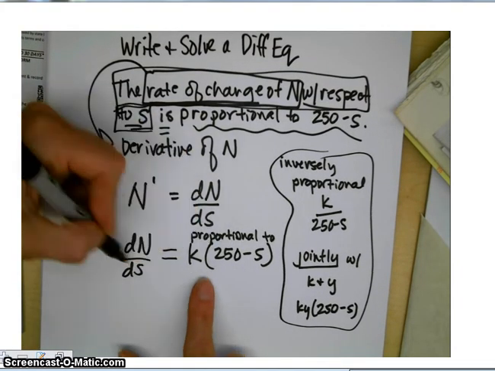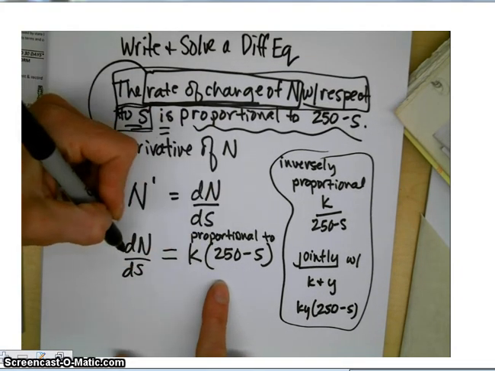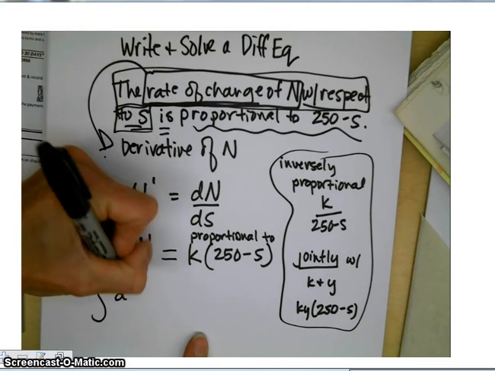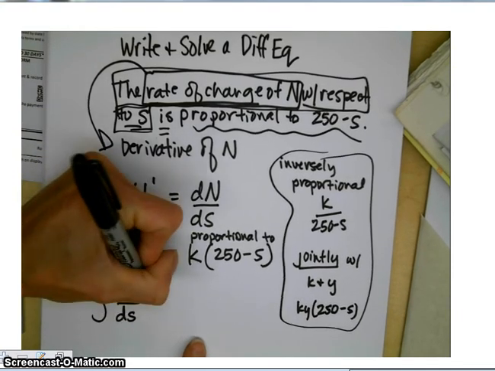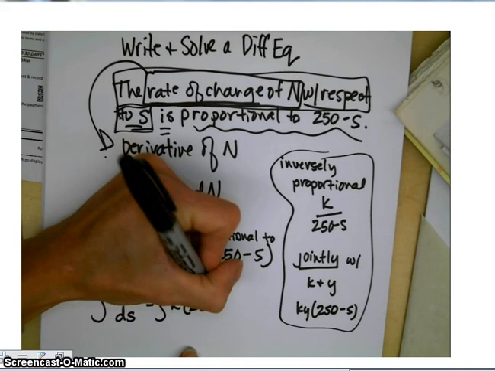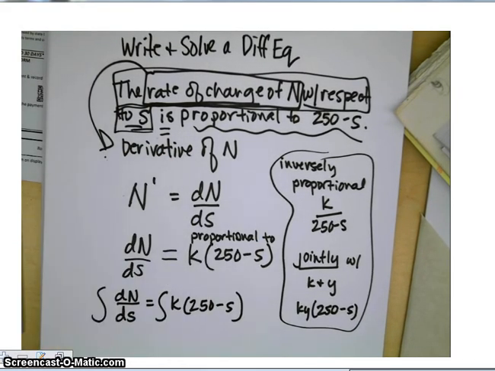But this is our differential equation, and now we need to solve it. So to solve it, we're going to integrate both sides. And this is where you might get confused. What are the variables here? N and S. Tell me about the K.